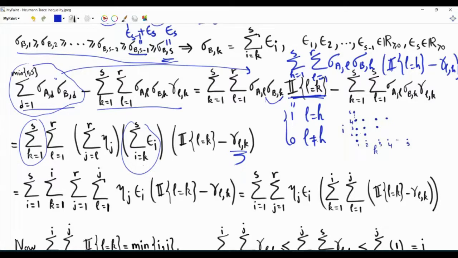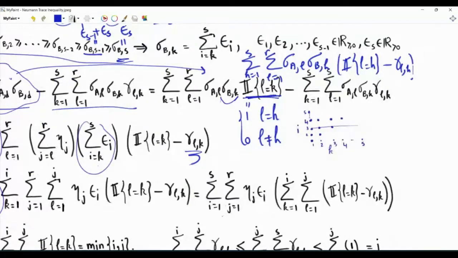So alternatively, we can take I from 1 to S, and if we fix an I, then K will go from 1 to I. And we will do the same for the other two indices. So rather than having L from 1 to R and J from L to R, we will actually have J from 1 to R, and now L will be a summation from 1 to J.